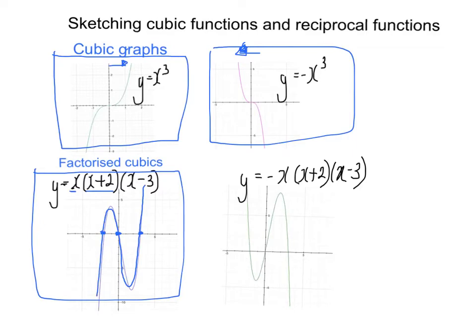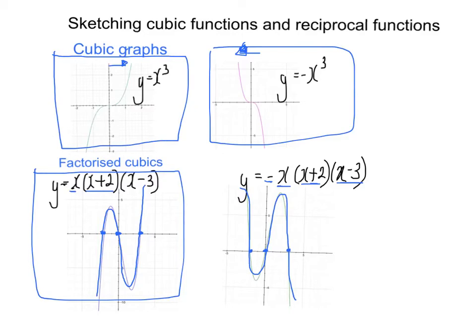Whereas over here, although this one had the same roots, so the roots were at 0, minus 2 and 3, because of this minus sign here, we're leaning backwards and we're going to draw it from this direction, like that.